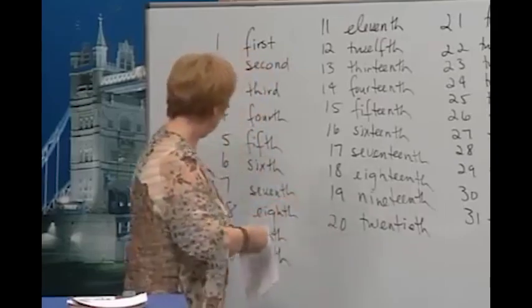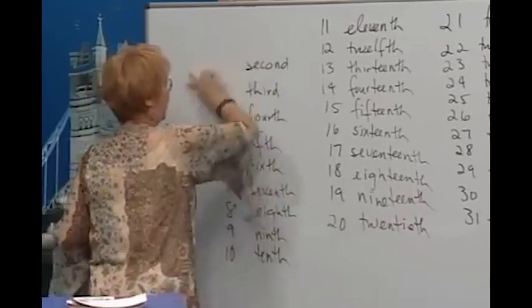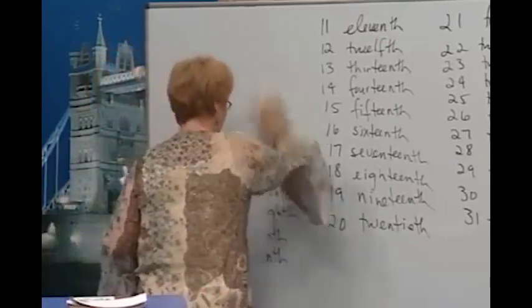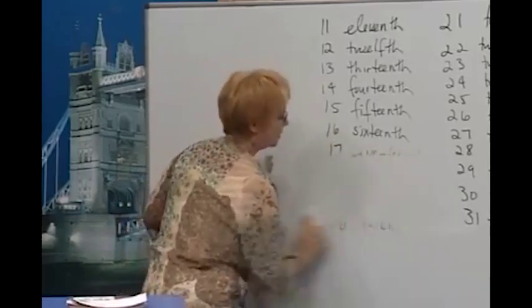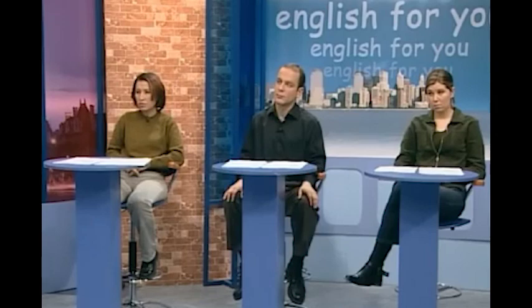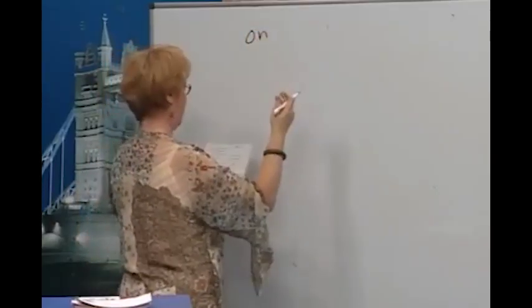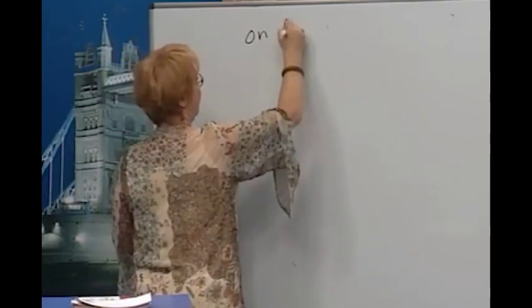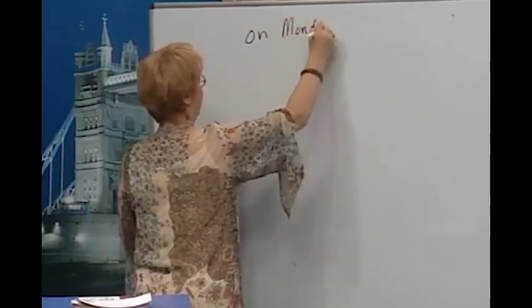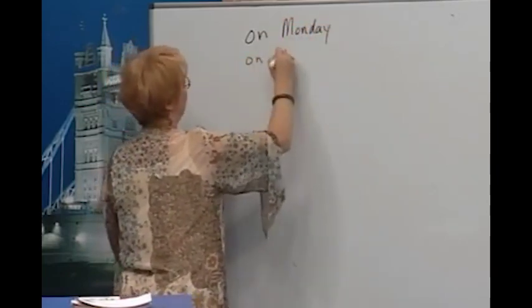Now, let's take these away. And remember that when we talked about days, we talked about on a day. So we're going to practice. We said on a day. For example, on Monday or on Tuesday.